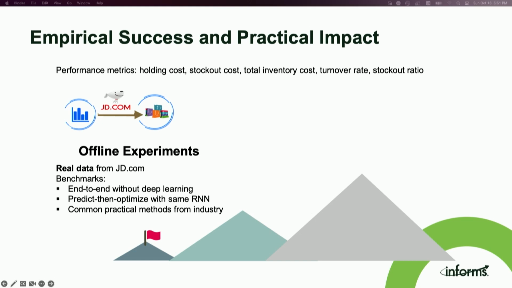First, we conducted thorough offline experiments, and we compared with multiple benchmarks, including an end-to-end model without deep learning, because we want to see how powerful our two-module neural network performs. We also consider the two-step model that uses the same neural network structure for the prediction, and then we plug that prediction into the optimization stage.